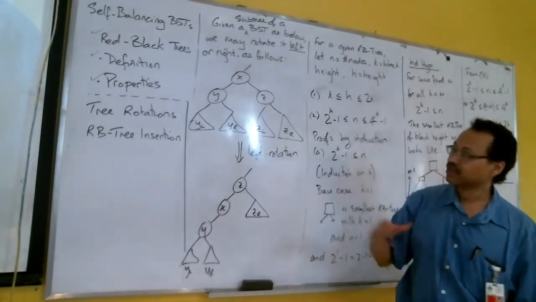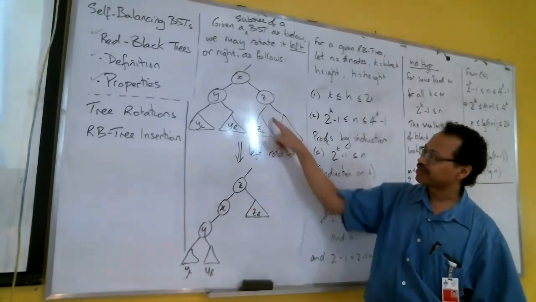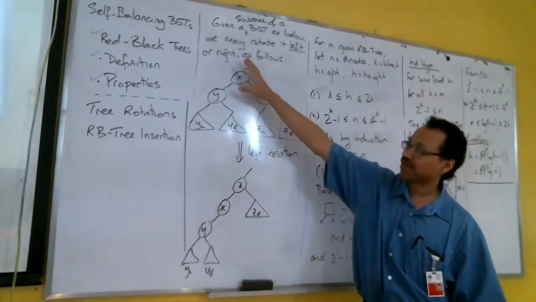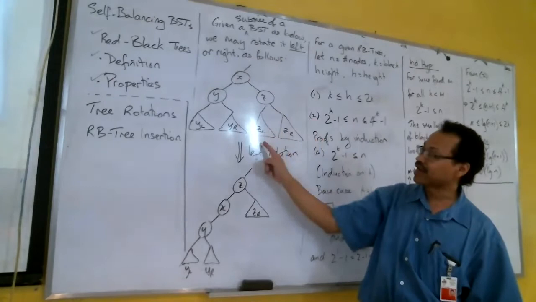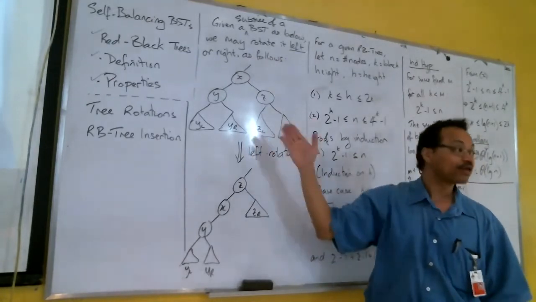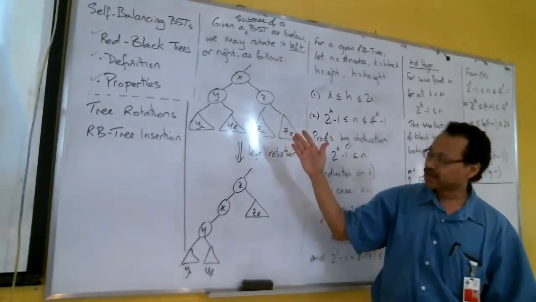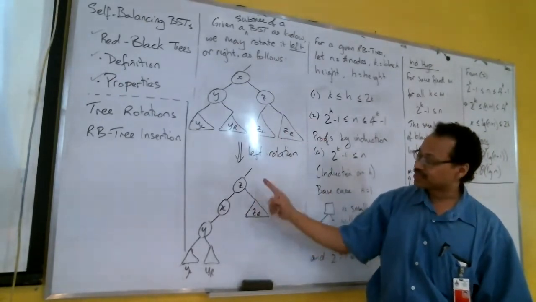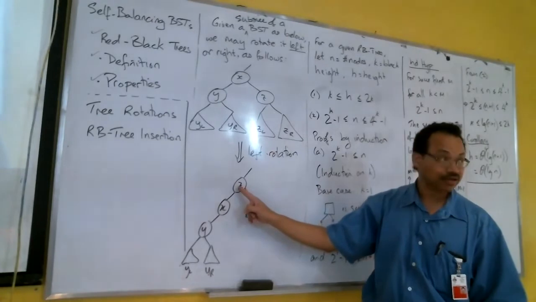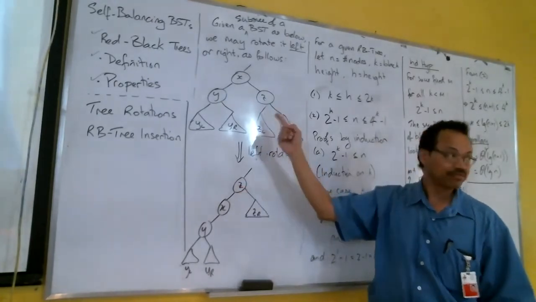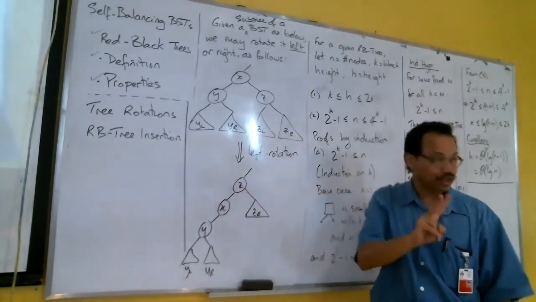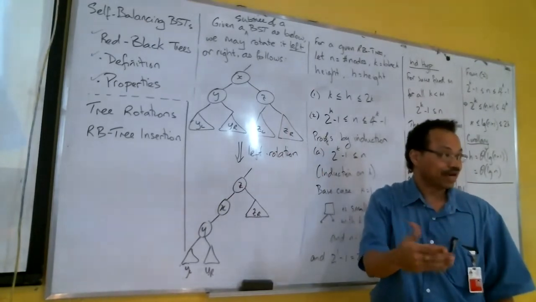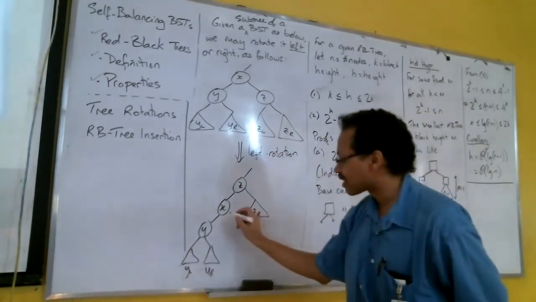It's greater than X. So just by virtue of living on this side of the tree relative to X, we know already that all the values in ZL are larger than X. And therefore, it's legal to put it here. The second thing is, is it okay to put it left of Z though? Well, it used to be left of Z, so it must still be okay. So we had two conditions to check, and in fact, it's a valid thing to do. So that's exactly where we're going to put it.